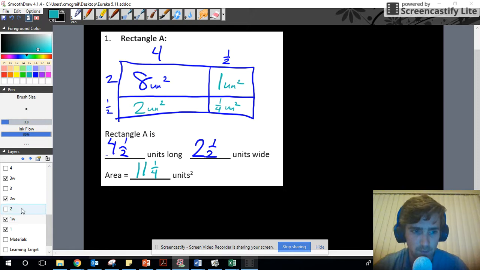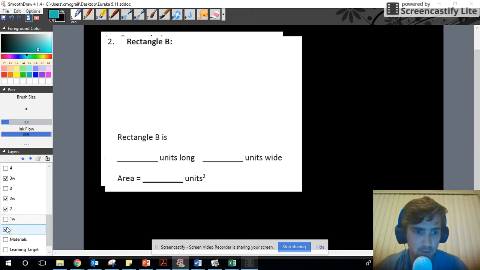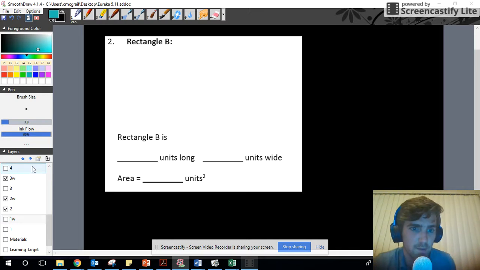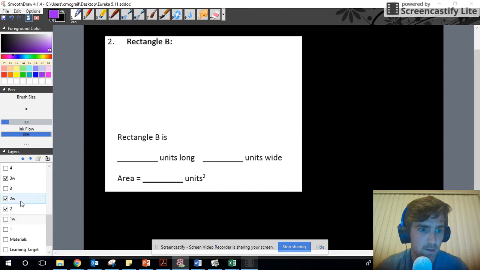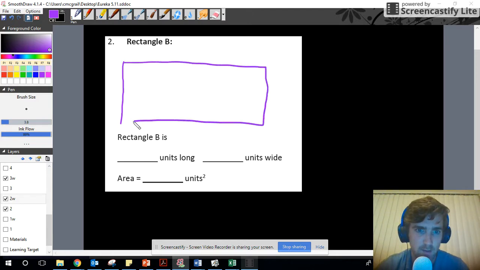Let's go ahead and move on to rectangle number 2. Okay. For question number 2, our rectangle is going to be as follows. Go ahead and draw a rectangle just like we did last time. I'm going to try to make it a little bit nicer. Nice and wide.